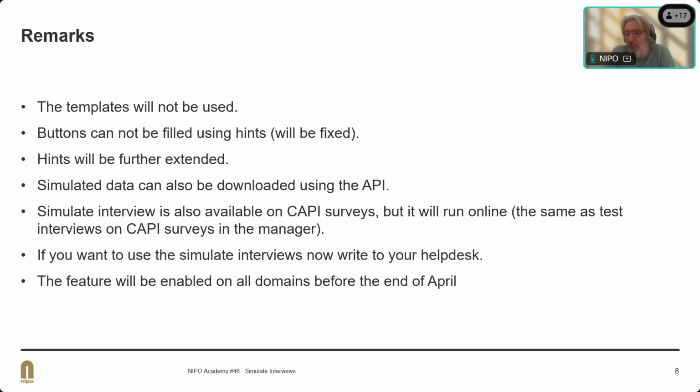One of the extensions will be that you can group things and then assign probabilities to those groups. The simulated data can also be downloaded using the API. That makes sense, because one of the reasons is that you want to check your data pipeline, and that data pipeline will in most cases be automated, so it will be using the API.